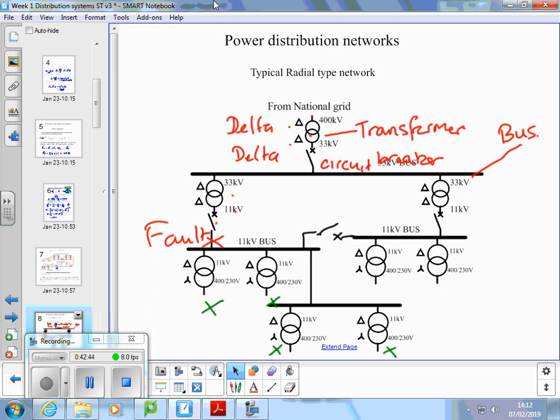Star. Yes, star. Americans call it Y. They put it up the other way and say it's a Y connection. I'll put it on the board in a minute, but you've got the triangle as the delta, and the other little symbol on the 400-230 is star.